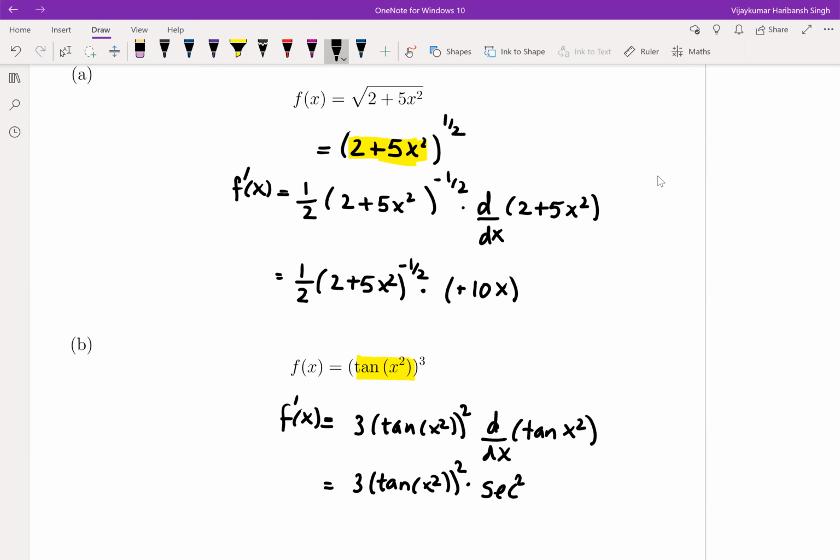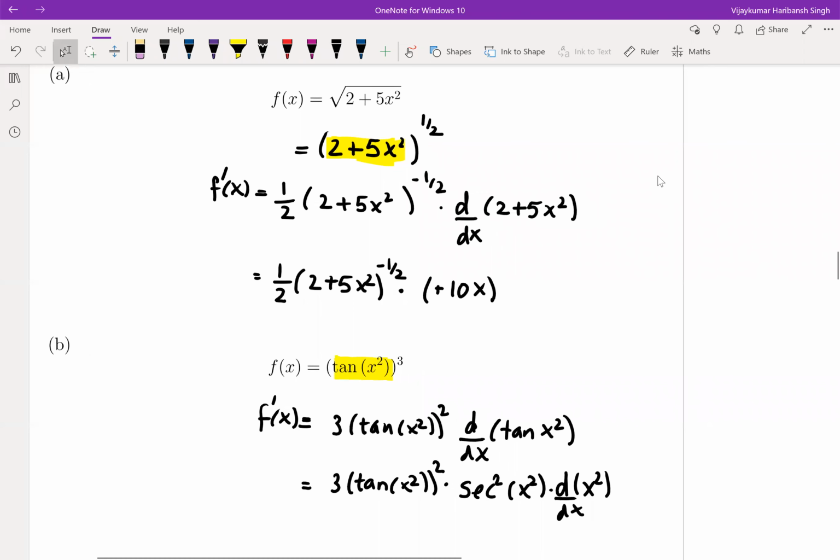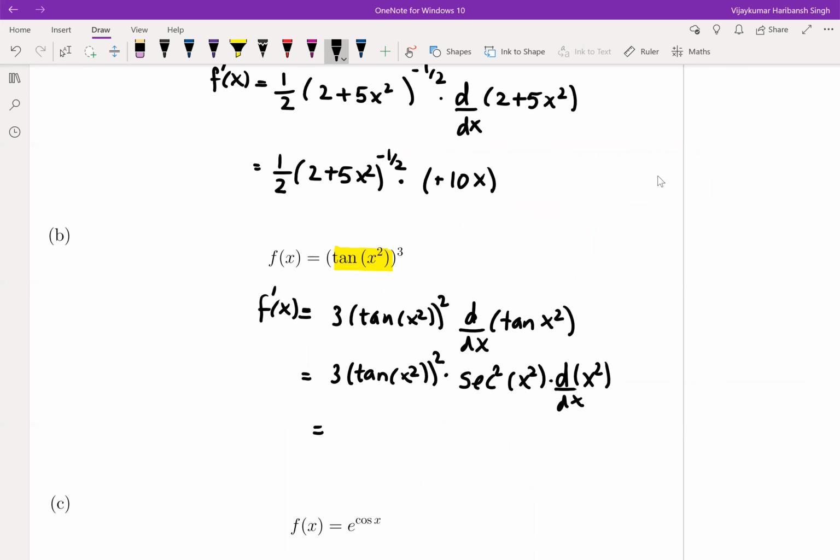So secant squared x squared times d by dx of x squared. You see, it's like peeling a layer of onion, one layer at a time. You take the derivative of one outer function at a time and then keep multiplying by the derivative of the inner function. So we get 3 (tan of x squared) squared, times secant squared x squared, times the derivative of x squared, which is 2x. So this is your answer.